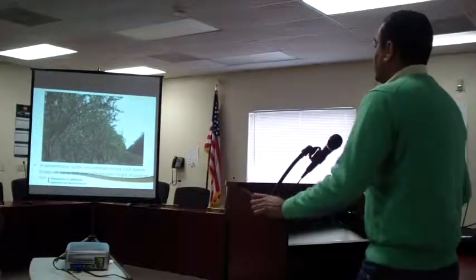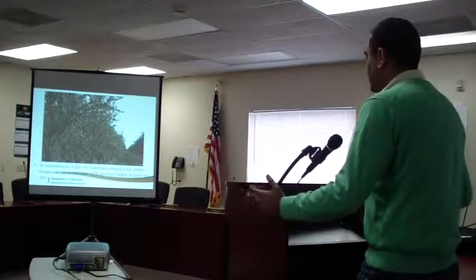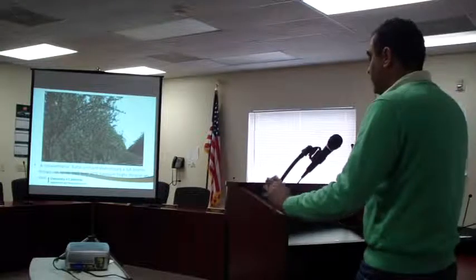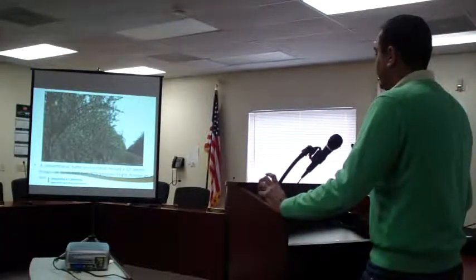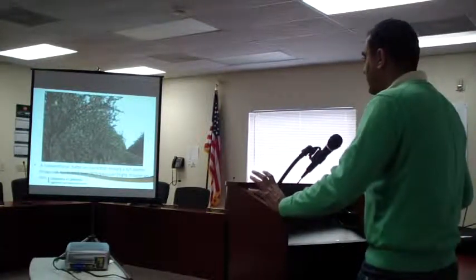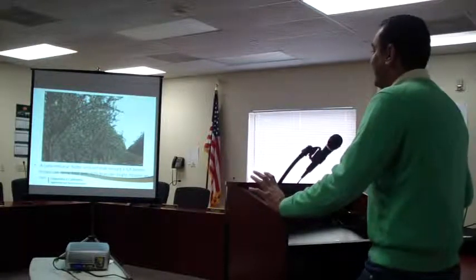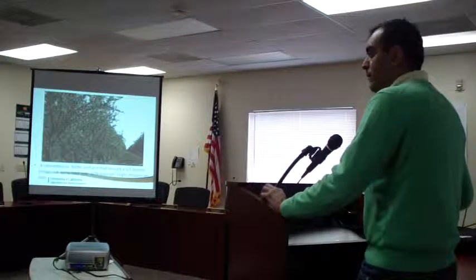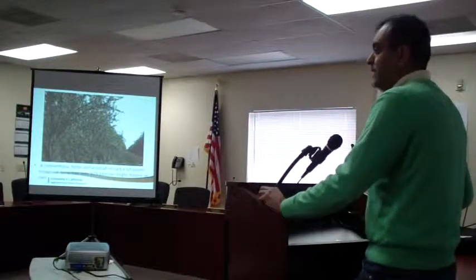For example, Butte is a highly susceptible variety, and this was a picture taken by one of our fellow farm advisors, and this was a typical dry year with no rains, but still this orchard had about 50% incidence of disease, even when no rain was there. And why is that?